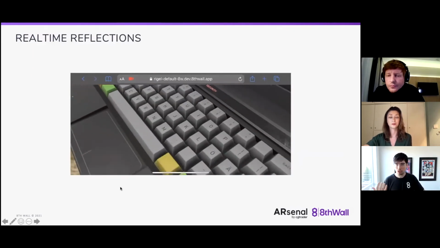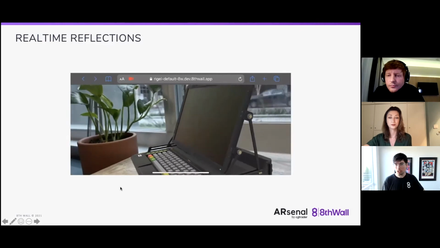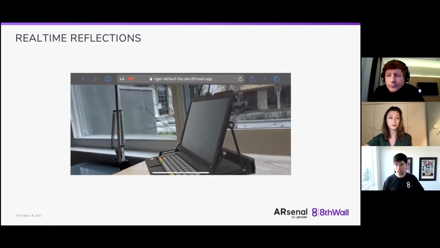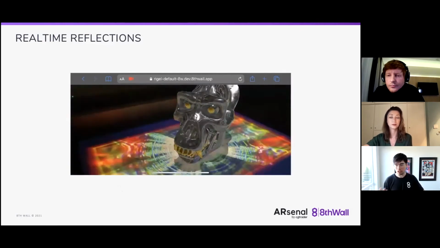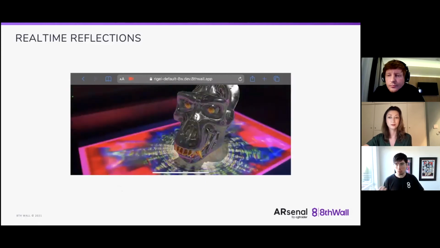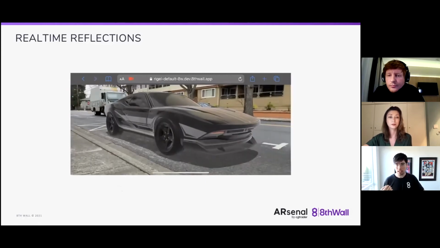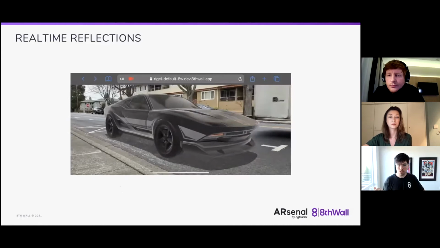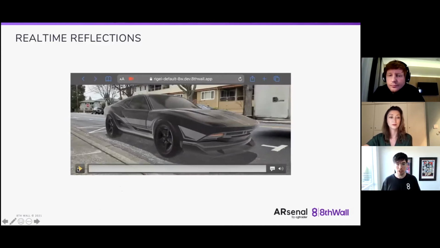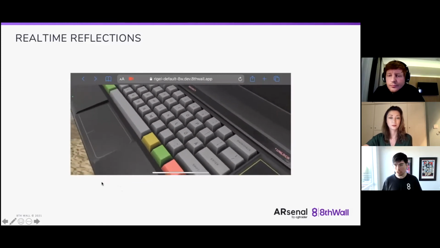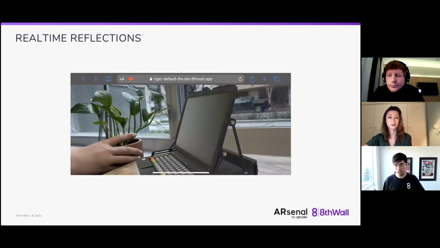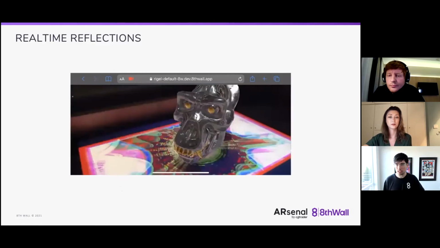For this example, you can see as the plant moves, there's a subtle effect of the opaque screen kind of coming back. And then you have more dramatic effects, like with the metallic skull against all the different colors in the camera feed. And the car is another great one of showcasing very realistic effects running.